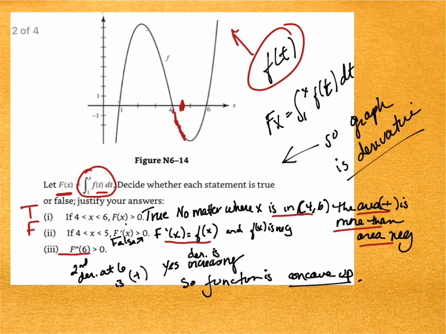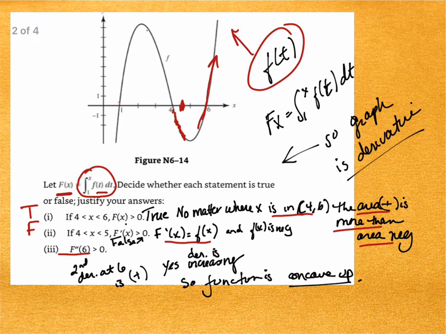Now number 3 says the second derivative of F at 6 is greater than 0. The second derivative is your concavity. You're looking at the derivative, and the derivative tells you the concavity of the original function when the derivative is increasing.